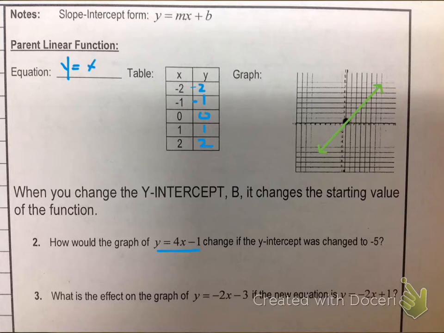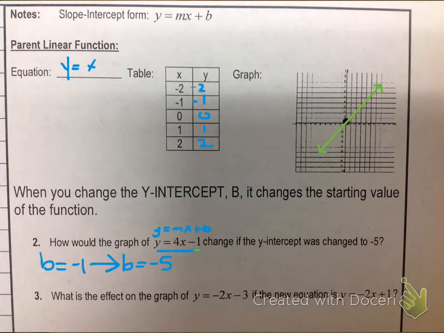For those of you who are still struggling with this, remember, just put y equals mx plus b over it. And where's the b value? That's right, the b value is that negative 1. So our initial b value is negative 1, and it is going to transform into b equals negative 5.